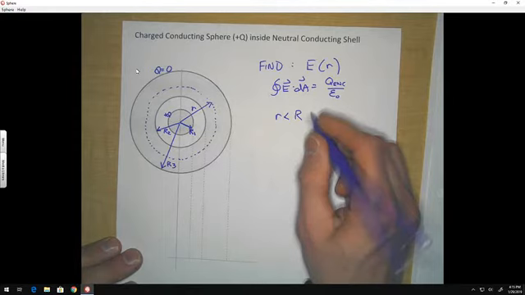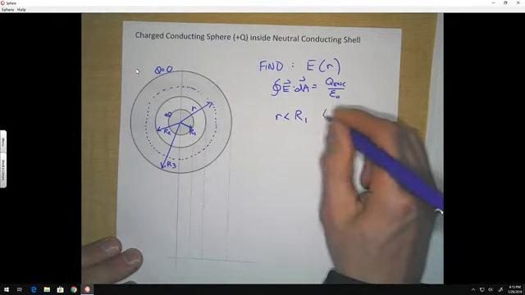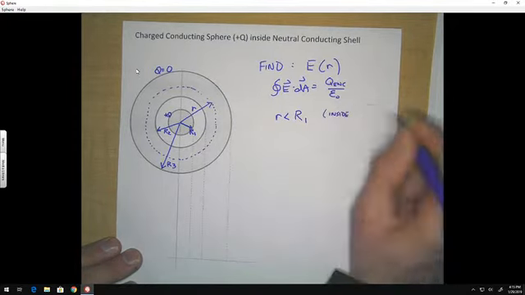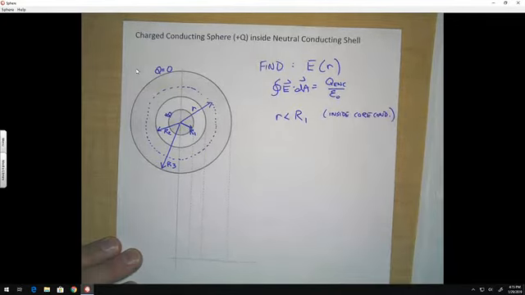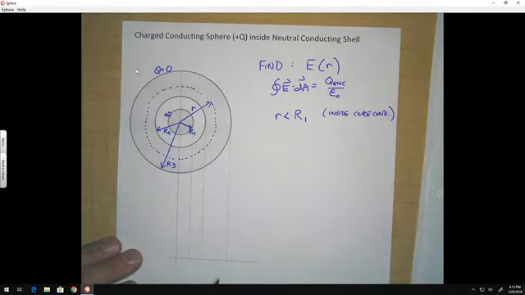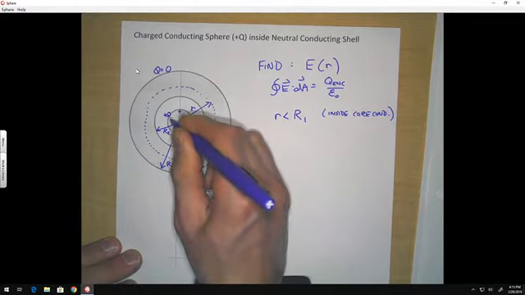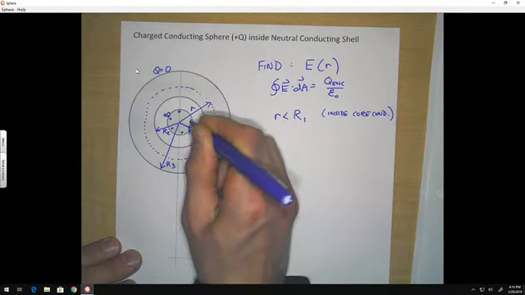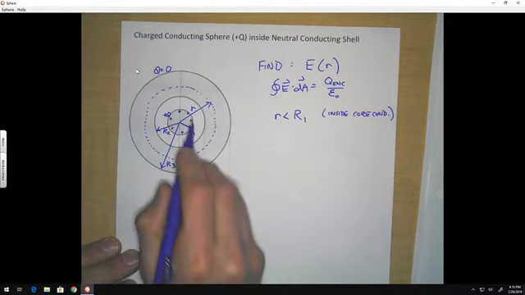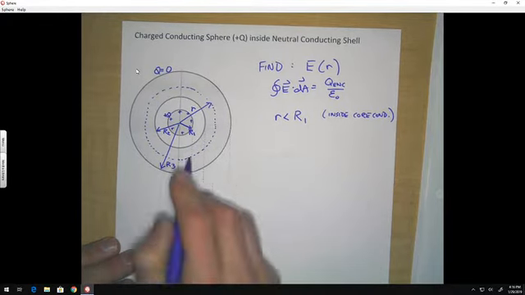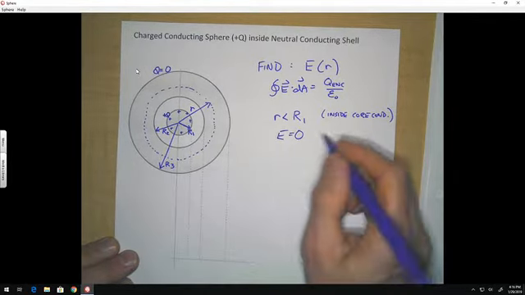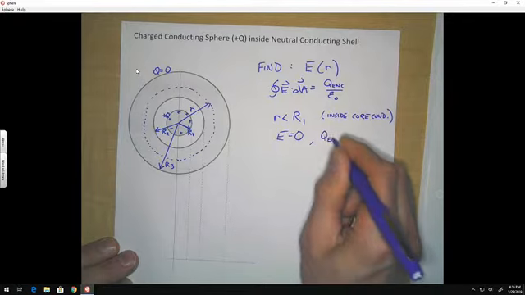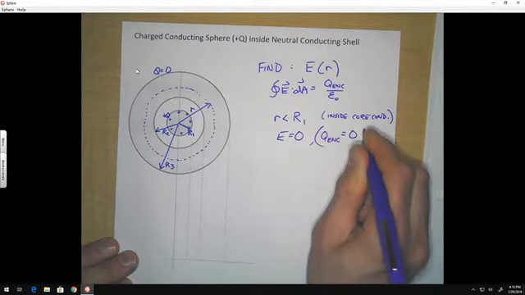So let's look first of all at positions which are inside the core conductor. For reasons that we've discussed before, the electric field is going to be 0 inside the conductor, and that's because the Q enclosed is equal to 0.